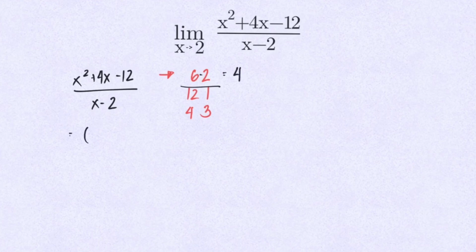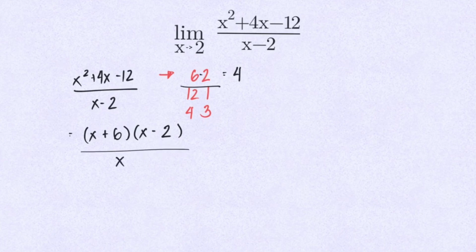So, the factors are x plus 6 and x minus 2. Over x minus 2, you will cancel it out, which will be x plus 6.